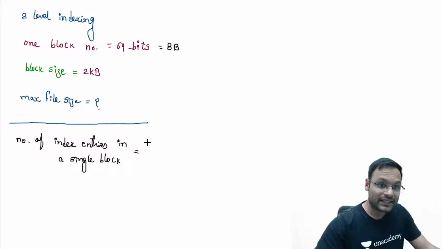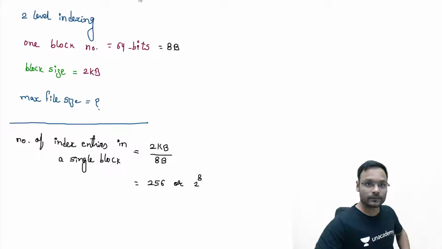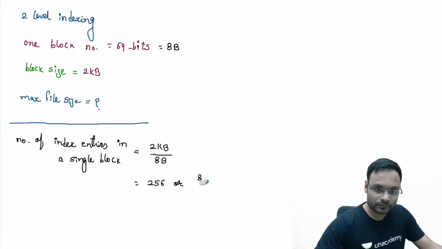Number of entries in a single block will be equal to block size 2 kilobyte divided by 8 bytes. 2 power 11 divided by 2 power 3 is 2 power 8, which is 256 entries. Okay, fine, 2 power 8 entries you can keep.